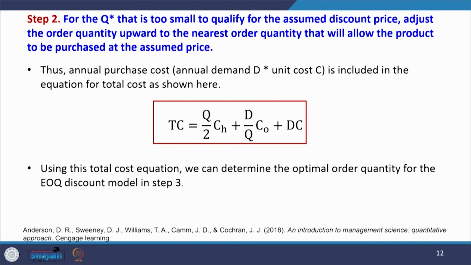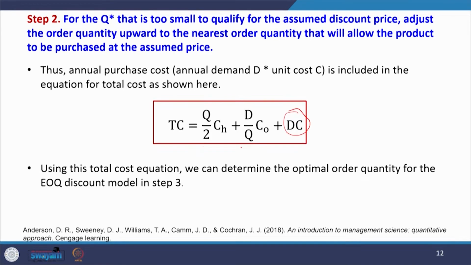So, there are 3 elements there. What are they? Annual holding cost, annual ordering cost plus annual purchase cost, because the value of C differs. So, we need to consider this element also.